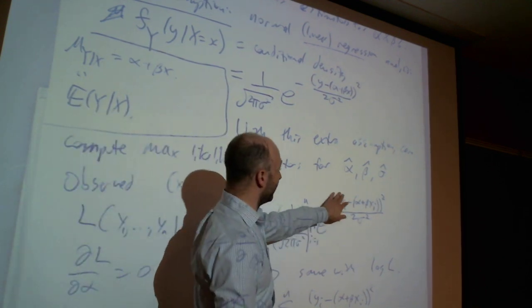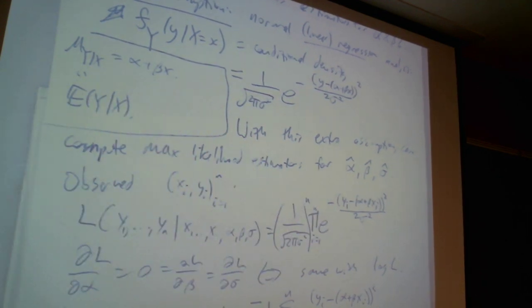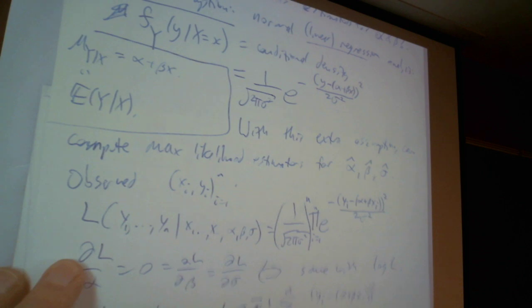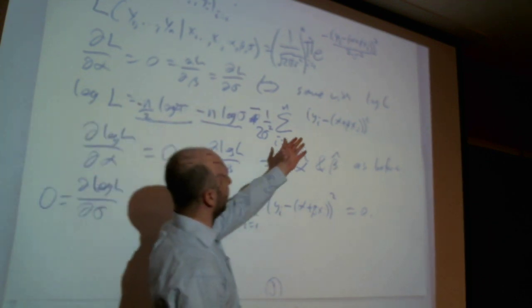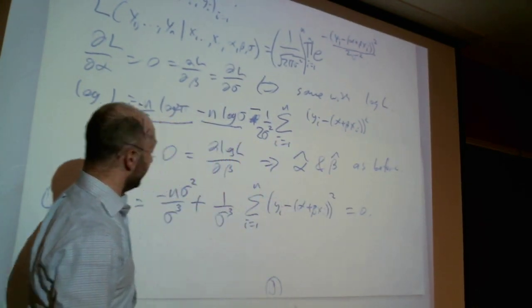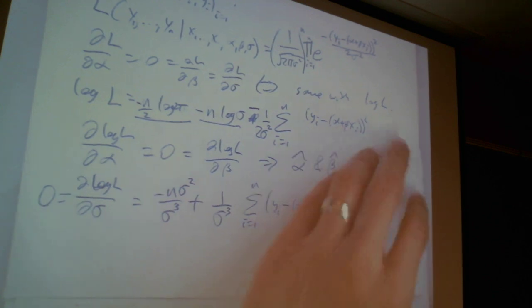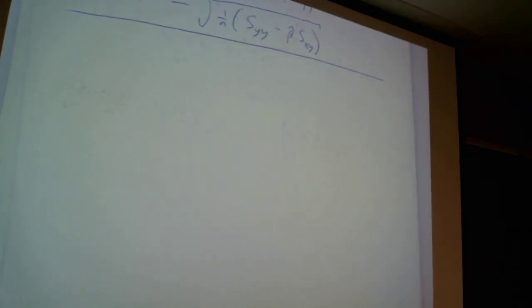We constructed the likelihood function and solved for the resulting estimators on the parameters. The alpha and beta parameters had exactly the same estimates as before because it boiled down to a least squares error. And sigma squared, we got another expression for, which was given here.